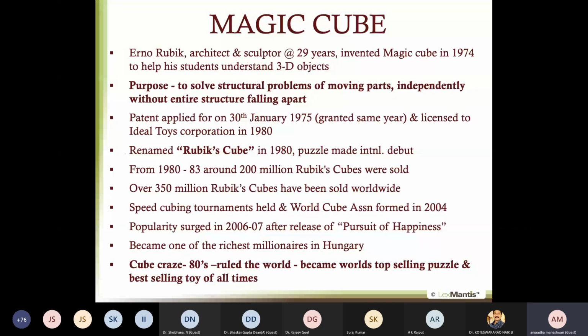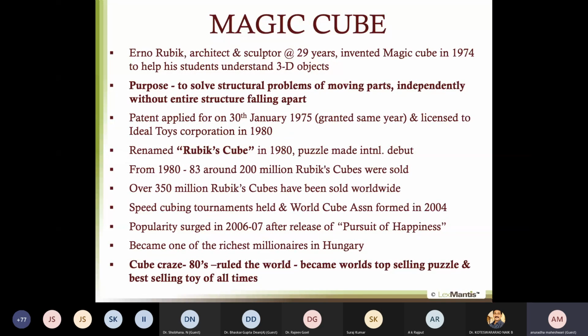Once it was licensed, they realized that this toy was not selling in its original name, but it famously came to be called Rubik's Cube. Rubik's Cube is also a trademark. So that was taken as a trademark years later when they realized the potential of the intellectual property in the brand name Rubik's Cube.